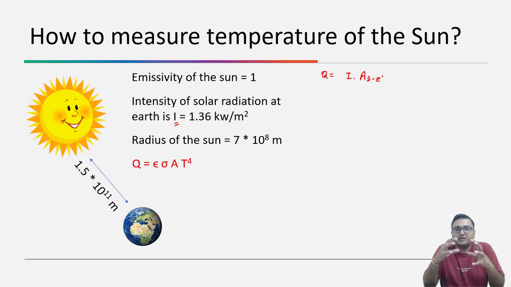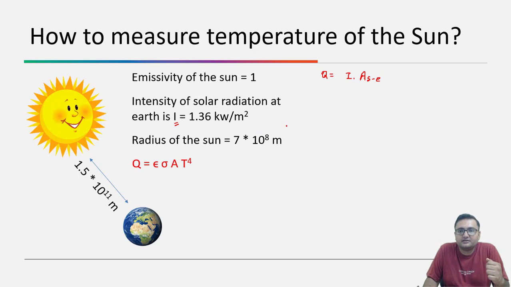As I said, we need to consider the sun as a radiative entity and the earth as an absorber of the radiation. So for the area between sun and earth, we need to assume one sphere in between sun and earth, having radius 1.5 into 10 raised to 11 meter.